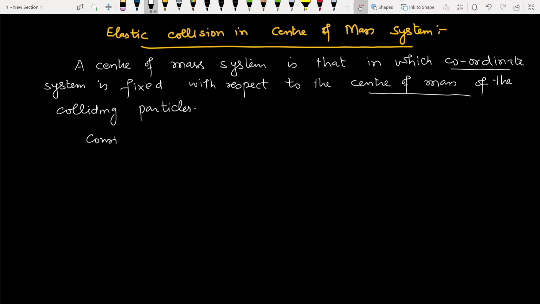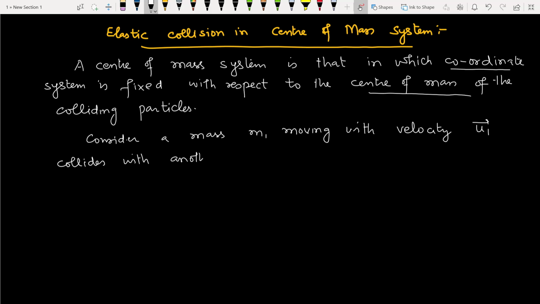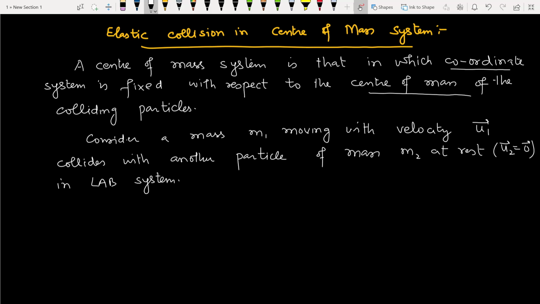So now we consider a mass m1 moving with velocity u1 collides with another particle of mass m2 and m2 is at rest in lab system, this is the system that we have dealt in our previous lecture.